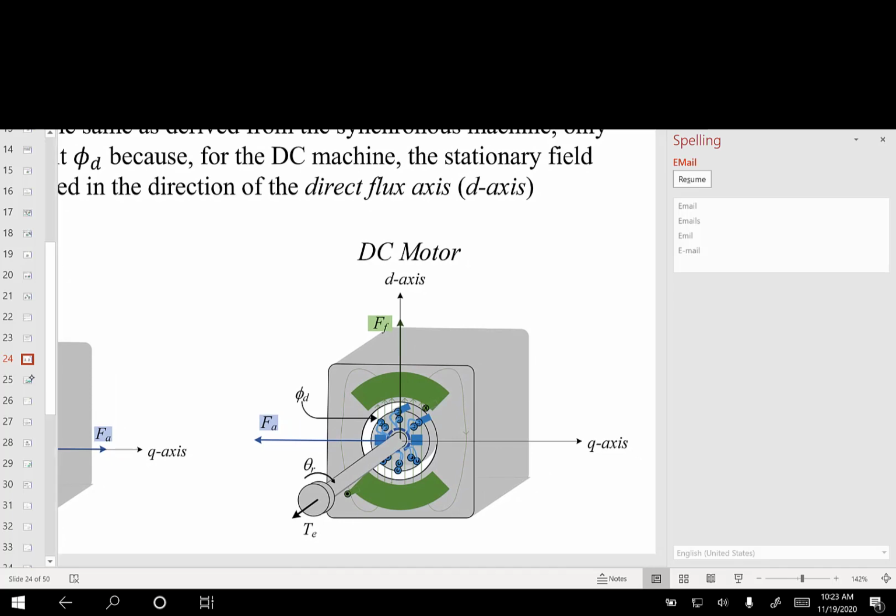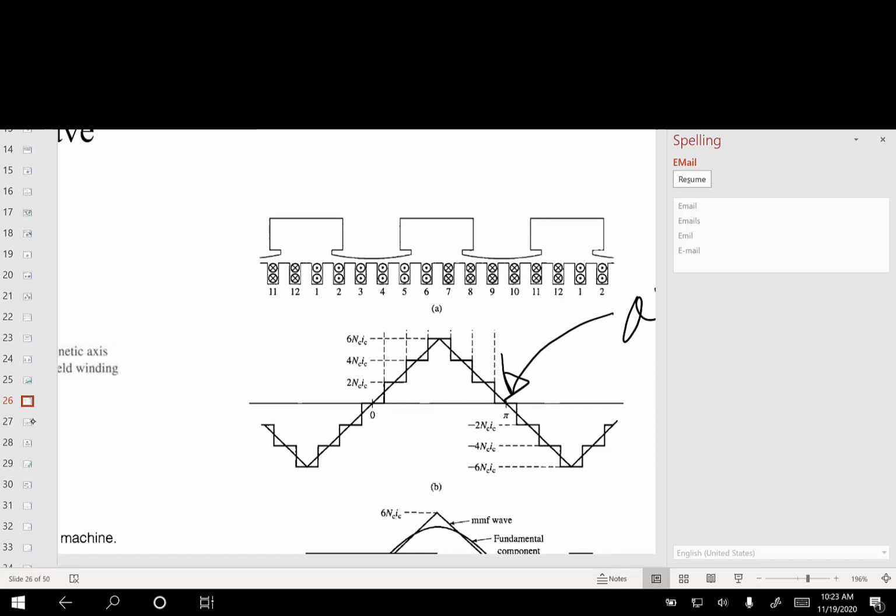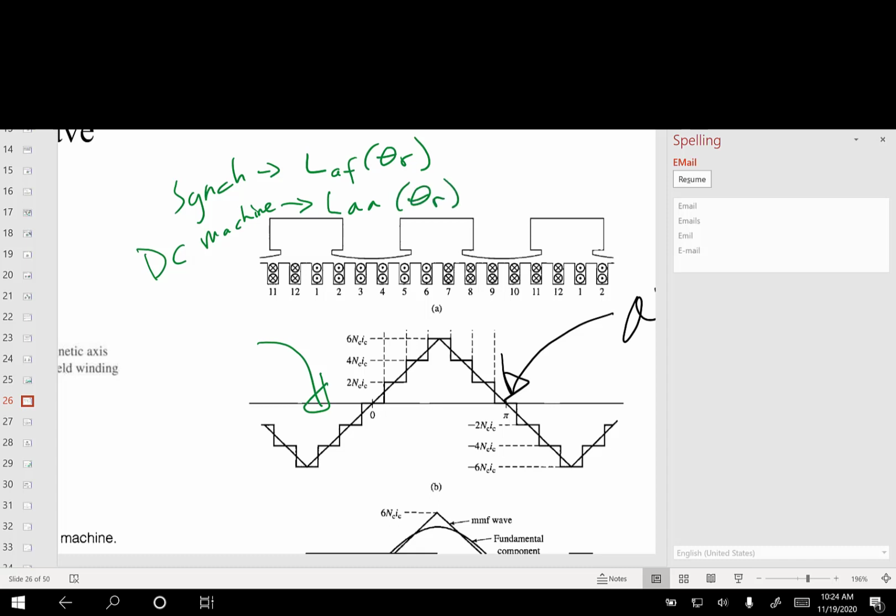So it's not the inductance associated with... what's really happening is, remember in the synchronous machine we had the LAF on the field, which was a function of theta R. With the DC machine, LAA, of the armature, is what's changing. And it's associated with this.